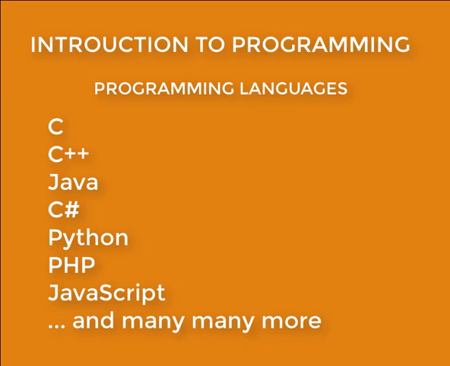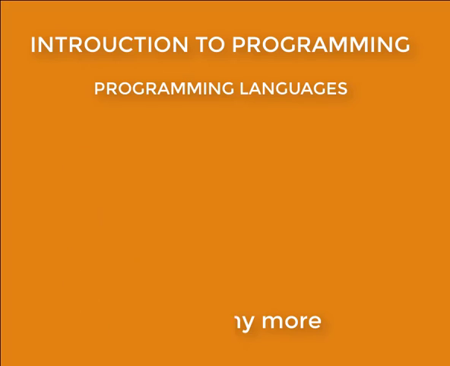Also, it has some special words that you will usually not find in English or French or any other natural language. But other than that, a programming language is essentially the same as a natural language in that you type in the instructions in that language, and the computer will be able to understand whatever instructions you type in and execute those instructions and produce the output that you want the computer to provide to you.